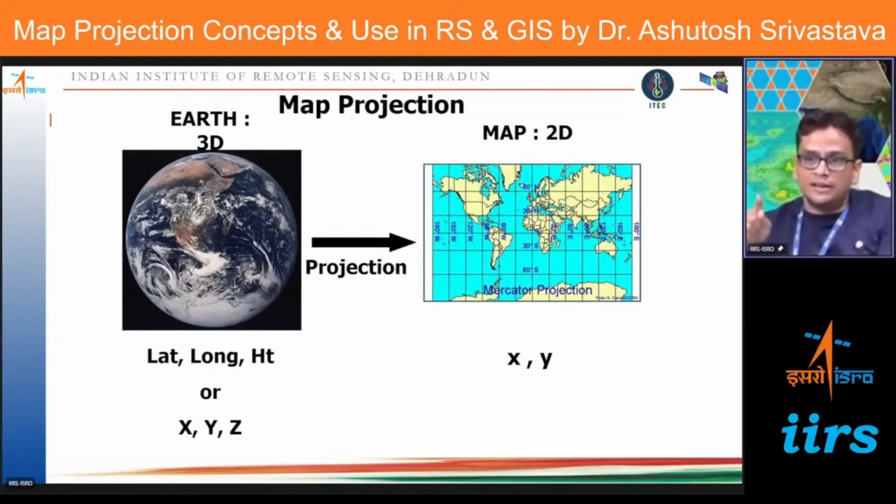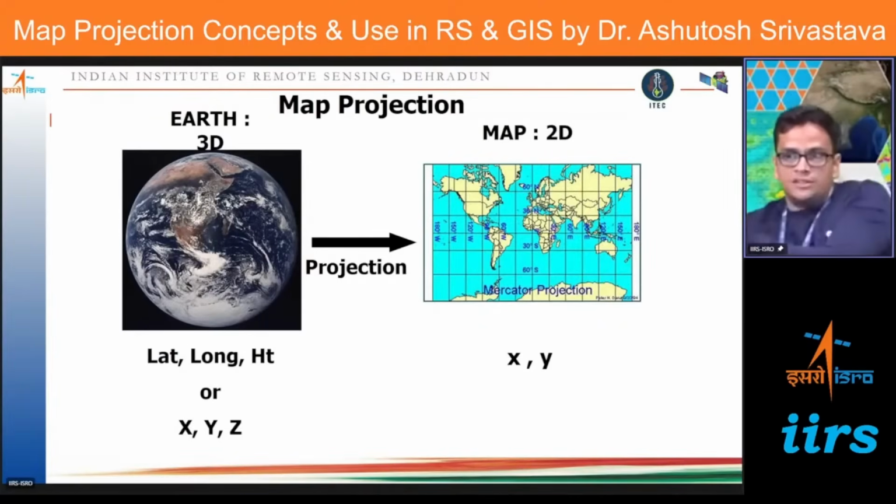A map is basically a two-dimensional thing. From the conversion of what we have here in three dimensions, where X, Y, and Z information is available, the transformation of the three-dimensional to the two-dimensional sheet or map is called basically a map projection.